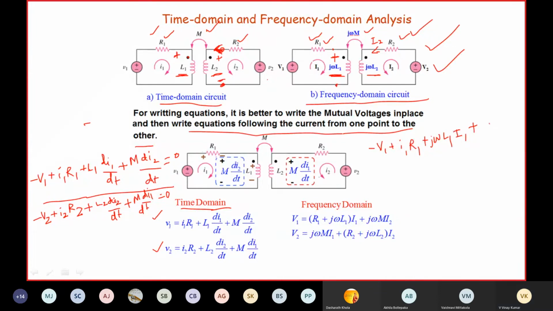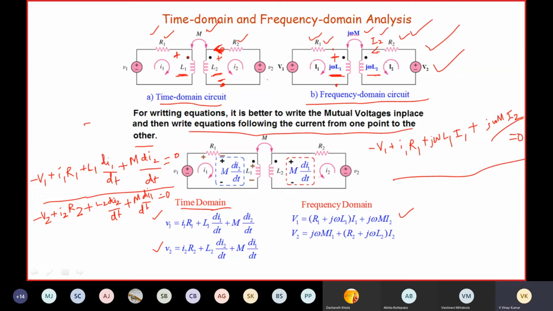Then plus j omega M into I2, the voltage induced in coil 1 because of I2. That mutual induced EMF is j omega M I2, and the sum is equal to 0. So finally, V1 is equal to R1 plus j omega L1 into I1 plus j omega M I2.